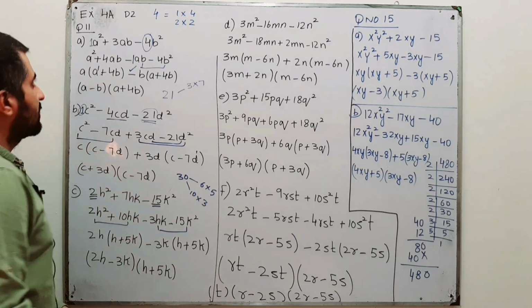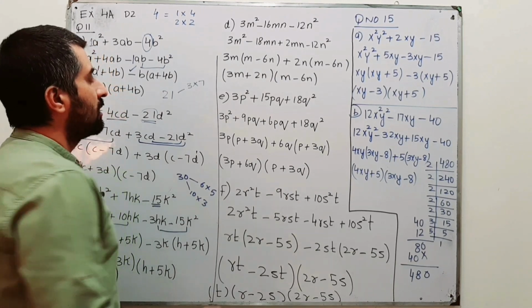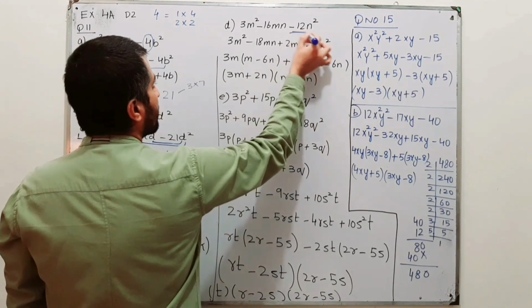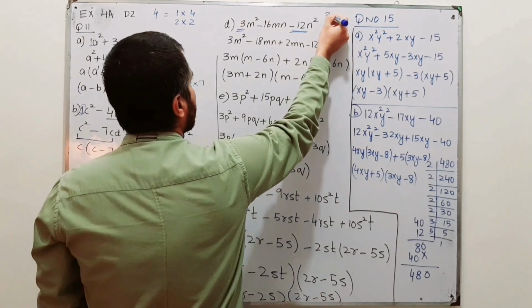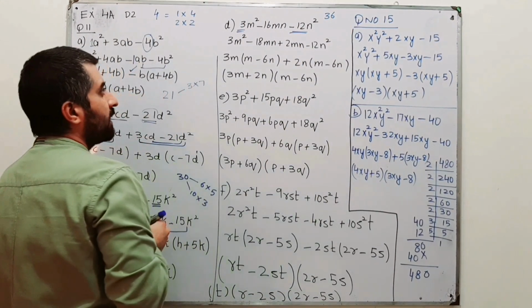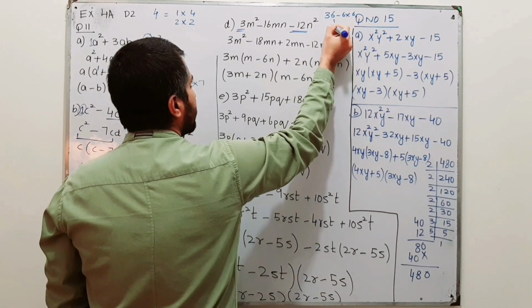Part D, question number 11: 3m squared minus 16mn minus 12n squared. Now multiply these two numbers, 12 and 3. Now 12 times 3 is 36. The factors of 36 are 6 and 6, and 18 and 2.